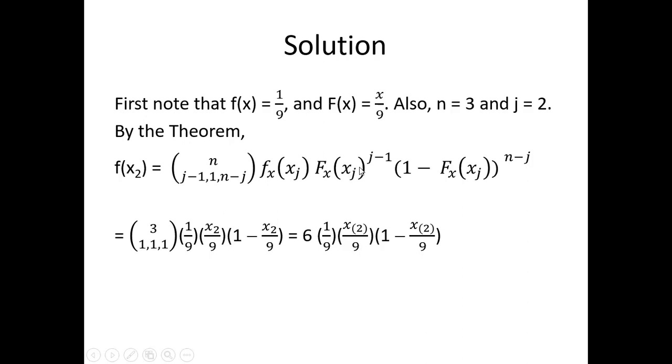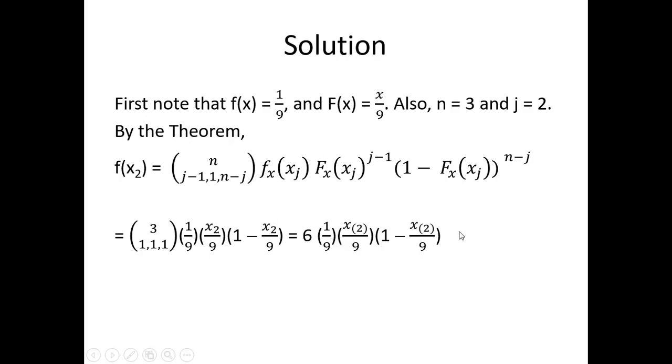Remember, to the power j minus 1, since j is equal to 2, j minus 1 is 1. So this term becomes x2 over 9. And then I have 1 minus the CDF evaluated at xj, or x2 in this case. And remember, this is to the power 3 minus 2, so to the first power.